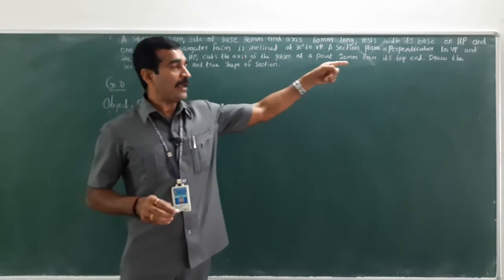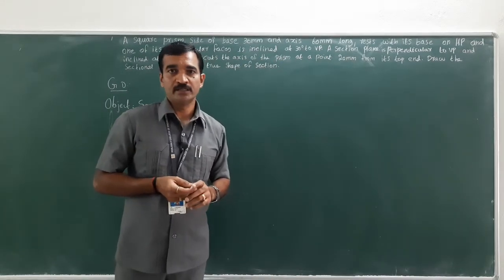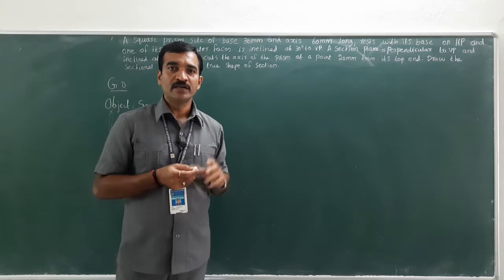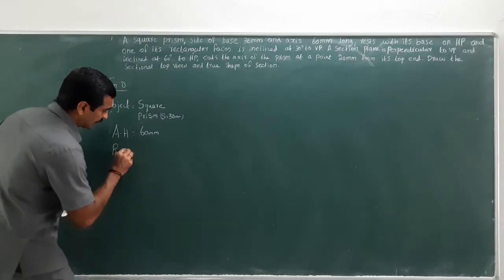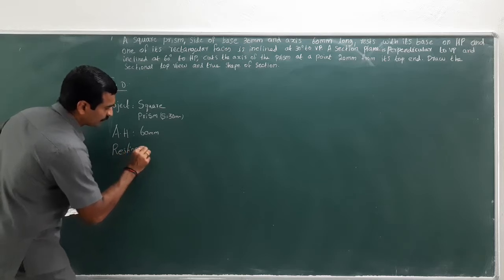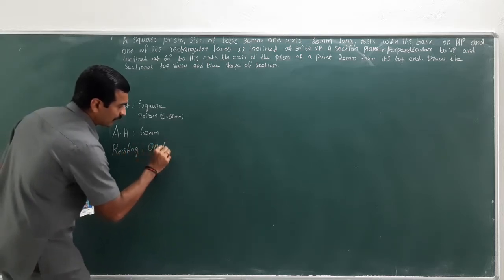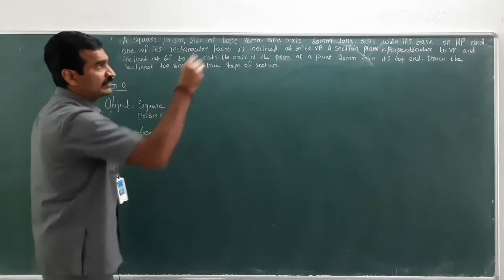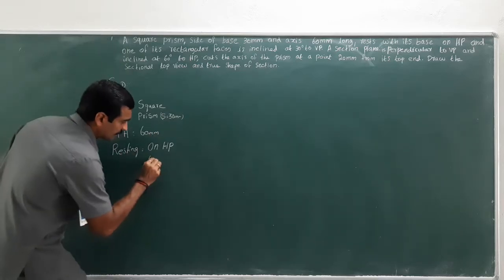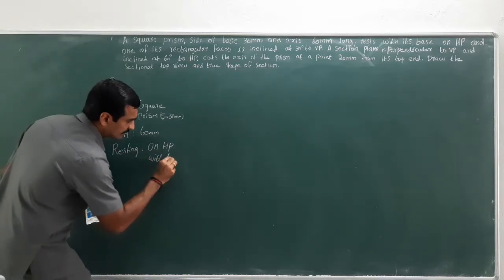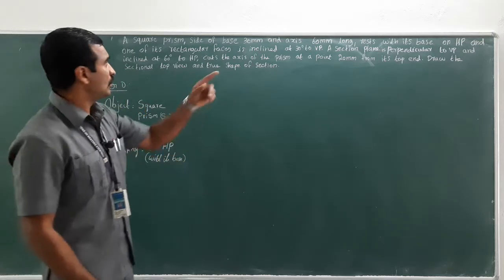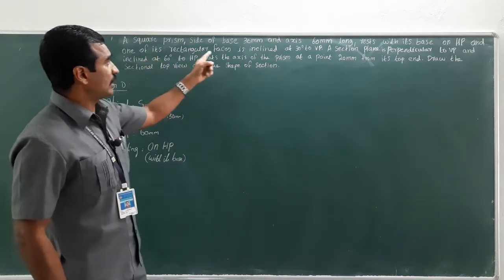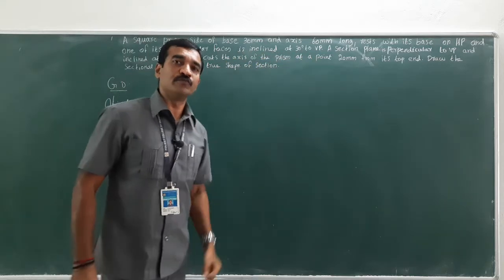Rests with base on HP. So how is it resting? With its base. Where is it resting? Resting on HP, right? And one of its rectangular faces is inclined 30 degree to VP.